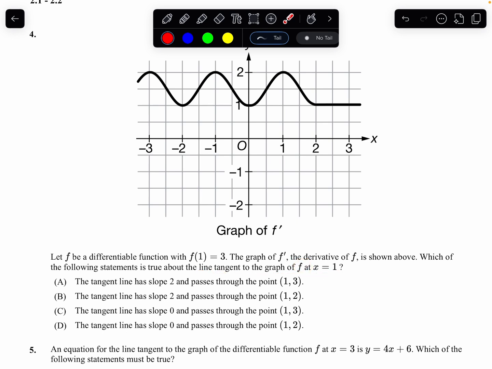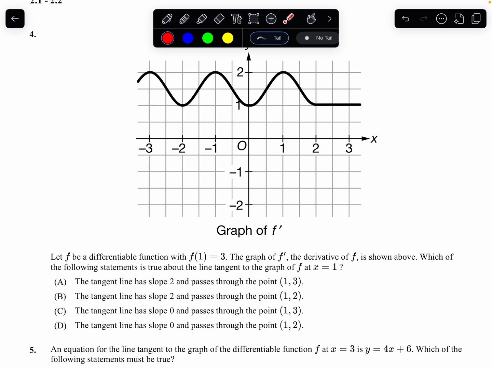So what we know from the relationship between the graph of f and the graph of f prime is that the graph of f prime will tell you the slope of the graph of f. So the slope of the graph of f at x equals 0 is 1, while the slope of the graph of f at x equals -1 is 2. And then the graph of f at x equals -0.5 is 1.5, so on and so forth.